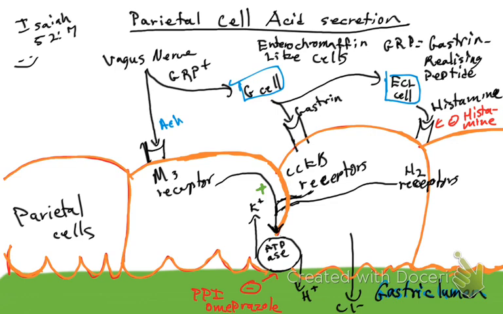Gastrin also responds to protein-rich meals. Okay, so this is another point that I would like to mention. And also, if we're giving the patient any antihistamine, for example cimetidine, or if we're giving the patient omeprazole or a PPI, which one do you think is going to block all those three stimulations that happen?